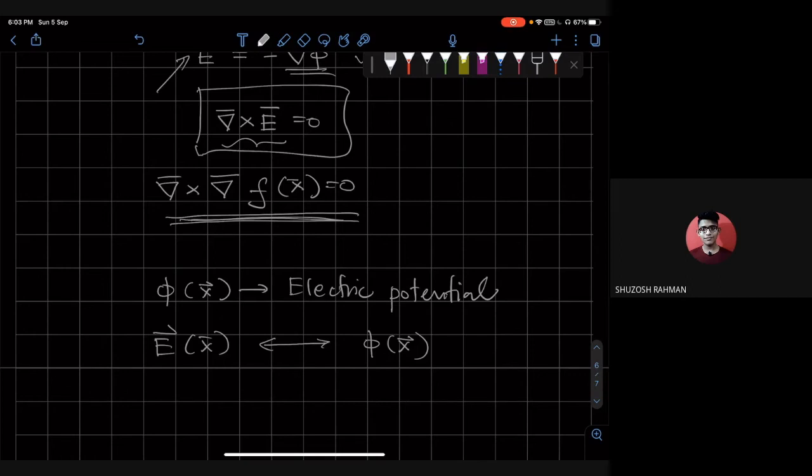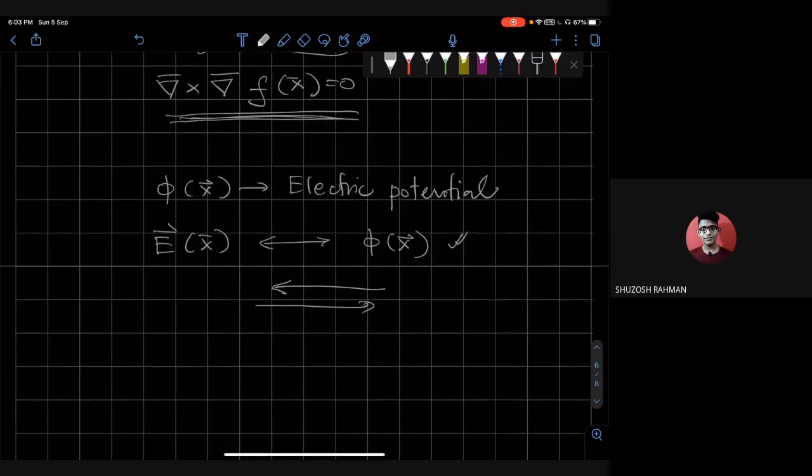But we are not losing anything because we can get one from the other. We can go this way by doing differentiation. We can go this way by doing integration, right? This is the wonderful thing about calculus, that because we are working with continuous objects, we can work with something simpler.